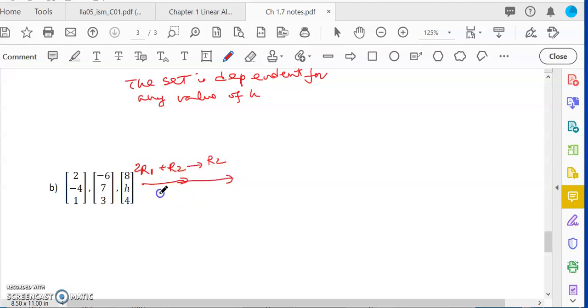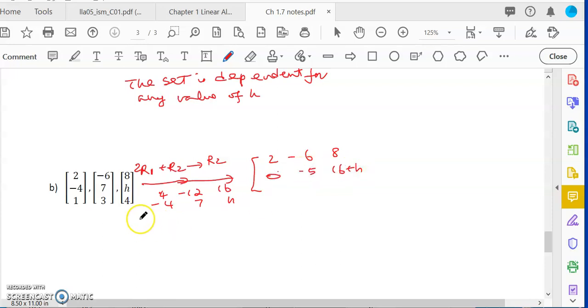So that means 4, negative 12, 16, negative 4, 7, H will be 2, negative 6, 8, negative 4... I have to do it. So it'll be 0, 5, negative 5, and 16 plus H.